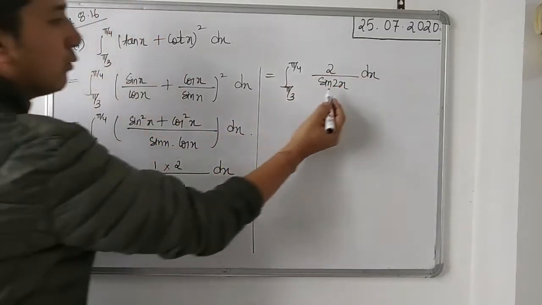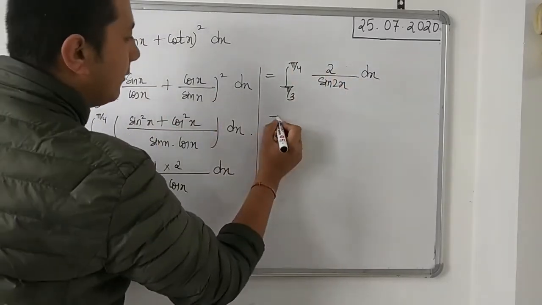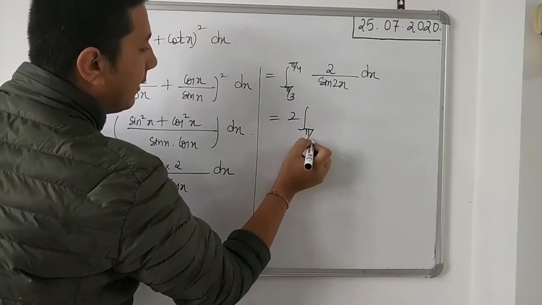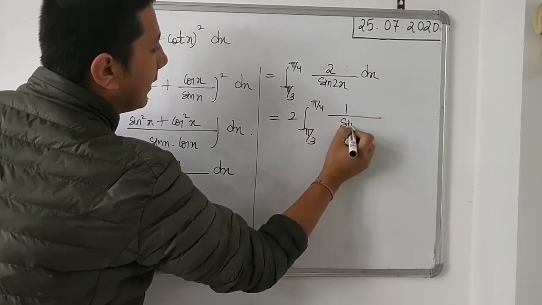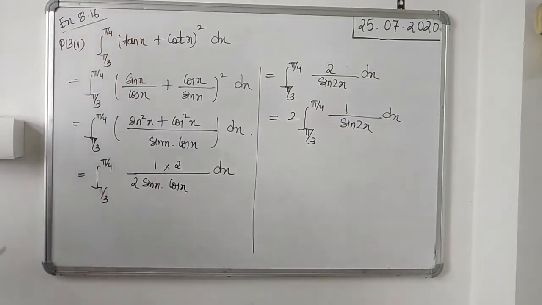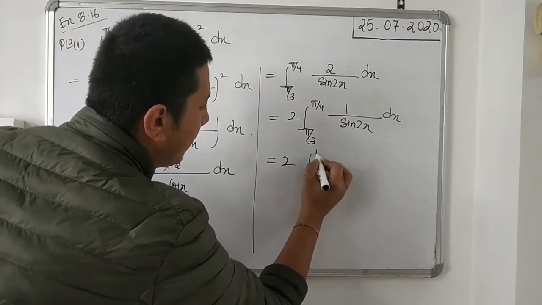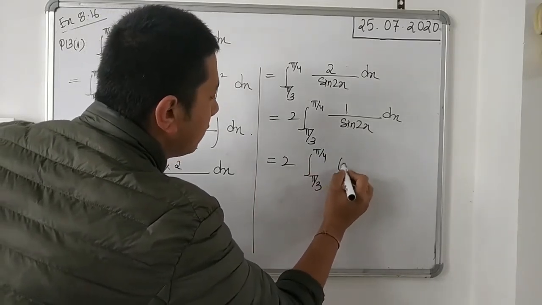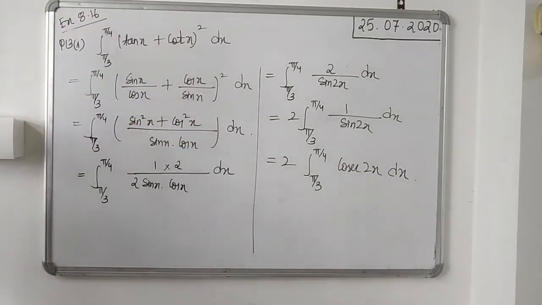And I know 1 by sine means cosec. 2 you can take it outside. 2 pi by 3 to pi by 4, this is 1 by sine 2x dx. What is 1 by sine? Cosec 2x. So therefore 2 times the integral from pi by 3 to pi by 4 of cosec 2x dx. Pause the video till here quickly.